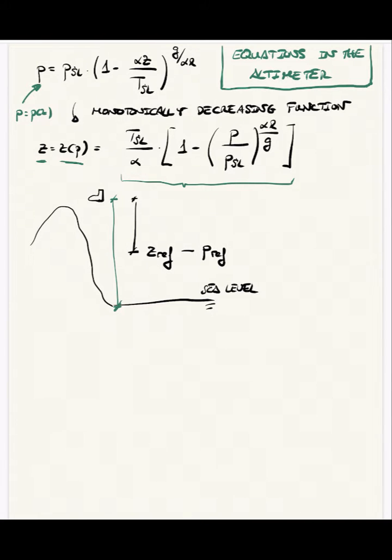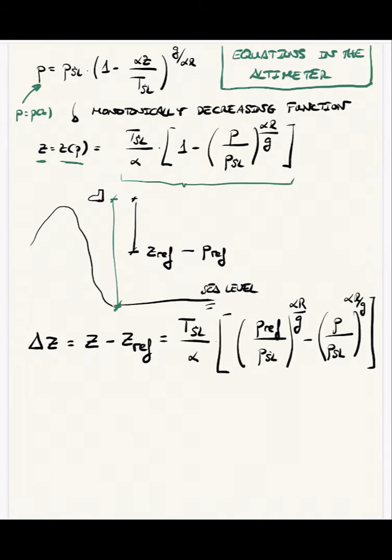Good. So what we are going to do is we're going to retrieve deltas of z, being this the position where we truly are minus the position of the reference surface. And going through some algebra with this equation, you will easily retrieve this expression saying that this delta of z equals this term here on the right hand side.